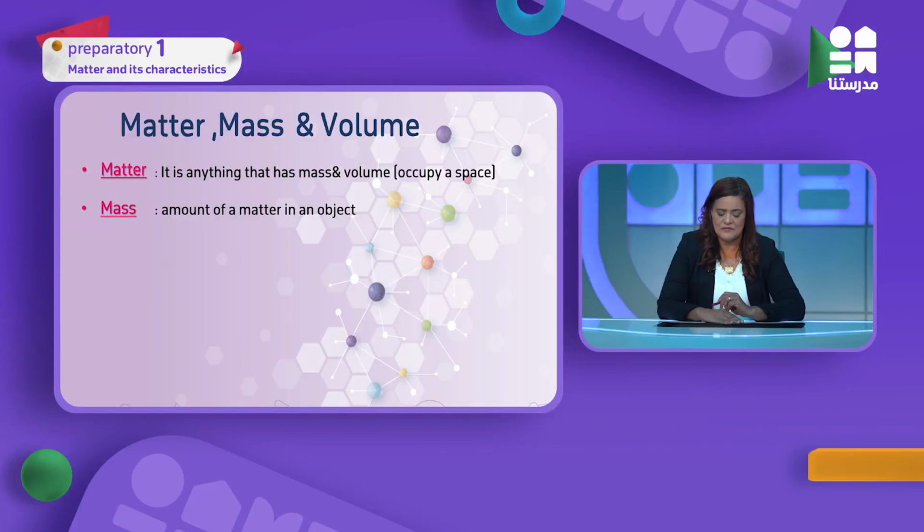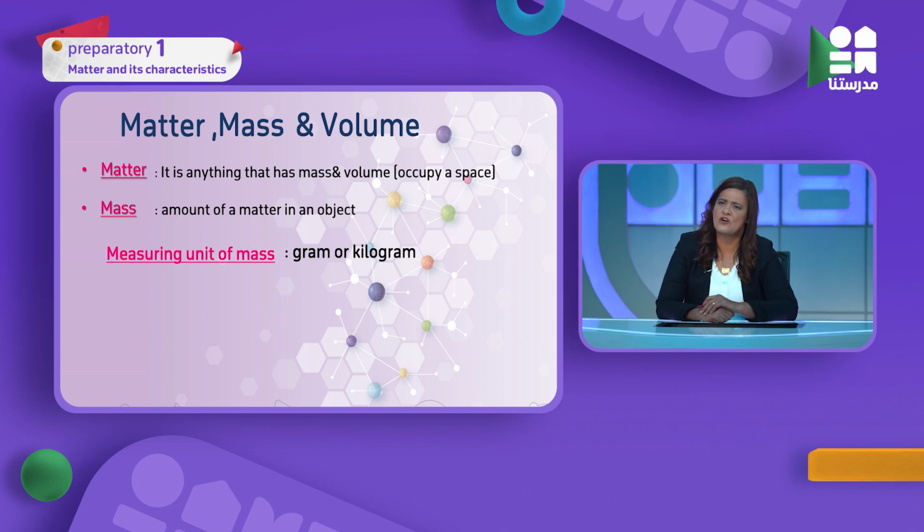What does the word volume mean? First, before talking about volume, we will talk about the measuring unit of mass, which is gram and kilogram. Of course, you heard these words before. What's meant by mass is the amount of material. The unit of measuring the mass is kilogram or gram. What's meant by volume?